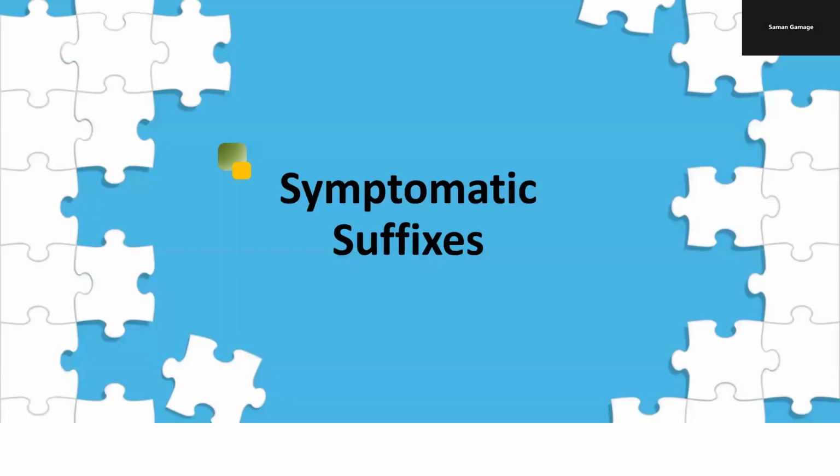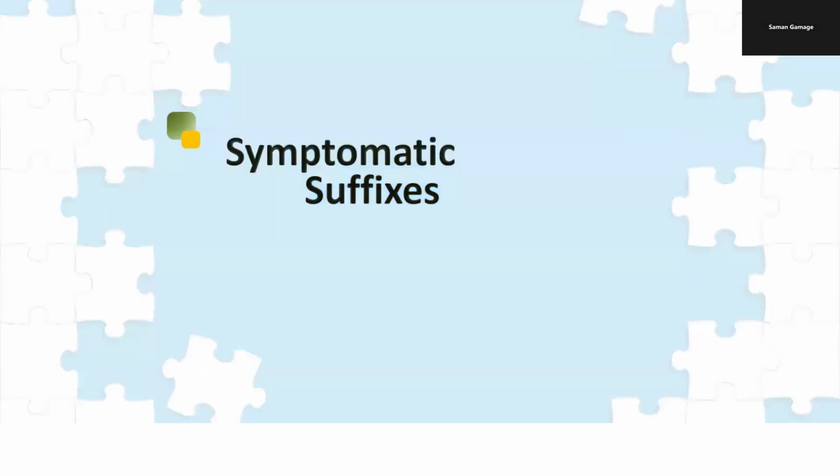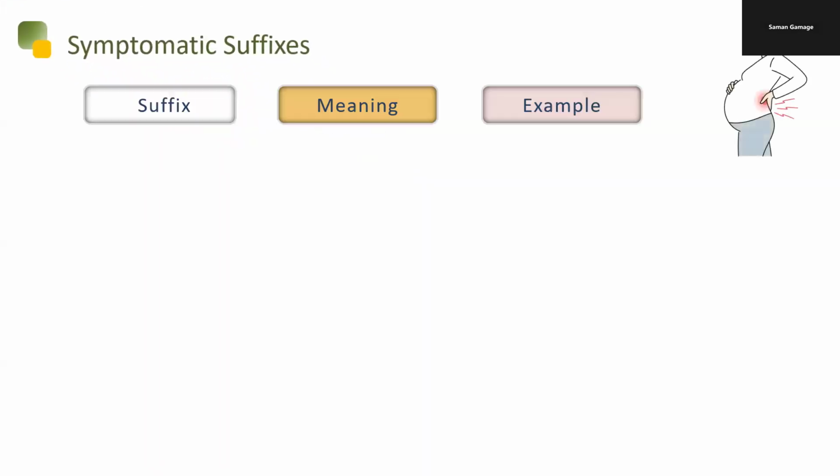Let's go through some symptomatic suffixes. In this table, the first column shows the suffix, the second column the meaning, and the third column gives you the example. Algia is pain.